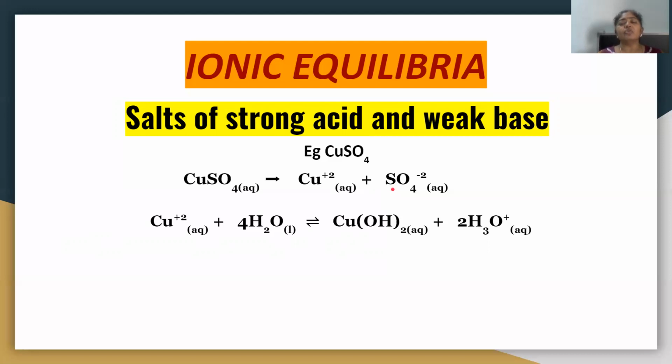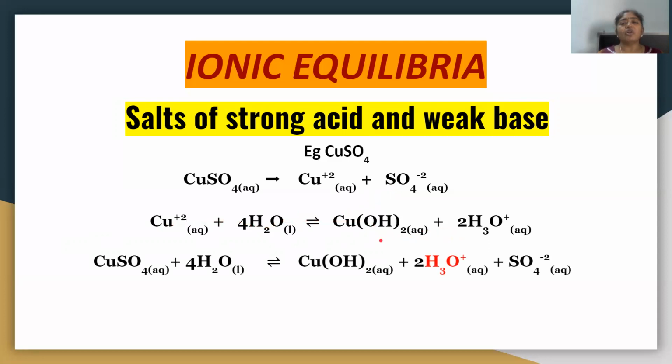So it is not going to remain as H2SO4. It will immediately ionize and again get reconverted into H plus ions and sulfate ions, right? So when you put the copper sulfate in water, only the copper ions are going to combine with the ions of water and they will form copper hydroxide, as well as the hydronium ions will be present in the solution.